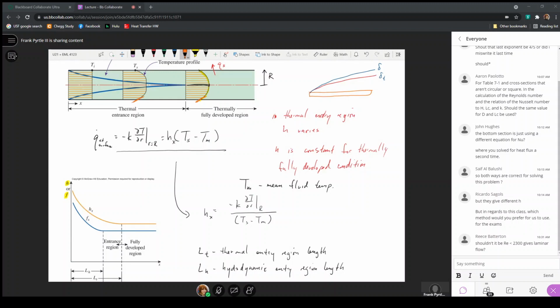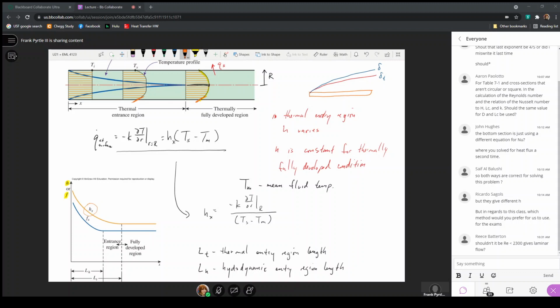This local value of the heat transfer coefficient, which is what's defined here, can be described according to this equation, where the heat flux by conduction in the fluid is equal to the heat flux by convection in the fluid.